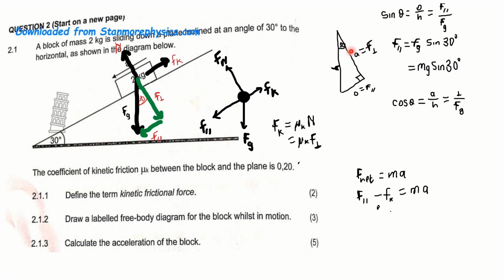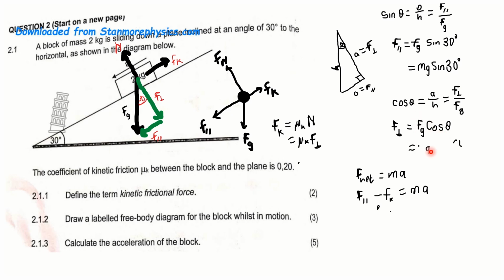What does cos say? It says adjacent over hypotenuse. What is adjacent? It's F perpendicular. So we'll write F perpendicular over FG. FG is this hypotenuse. You can even see it from this diagram here. That is FG. So when you cross multiply, you are going to find F perpendicular being equal to FG cos theta. However, what is FG?